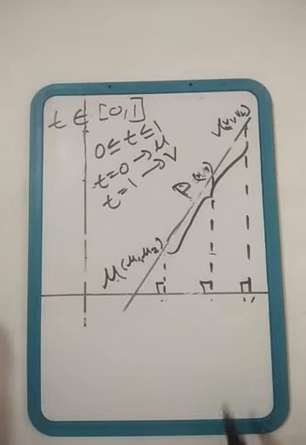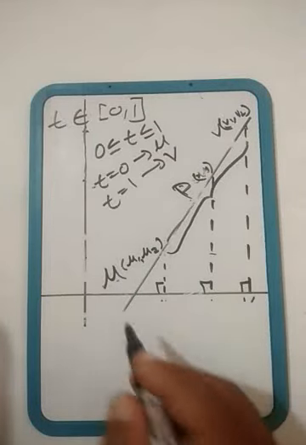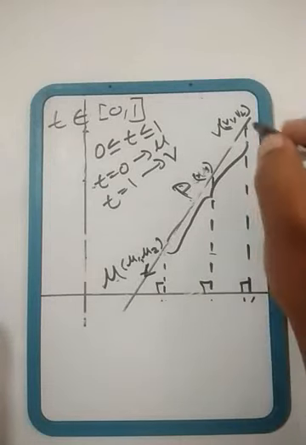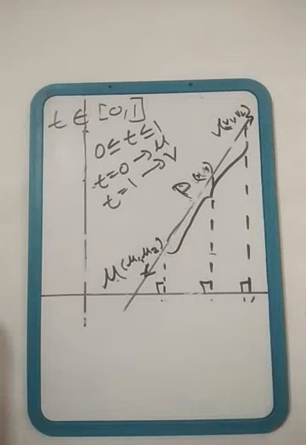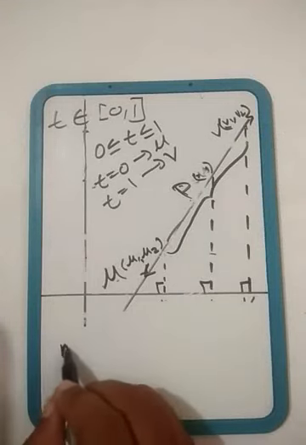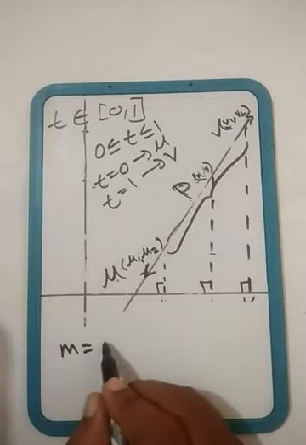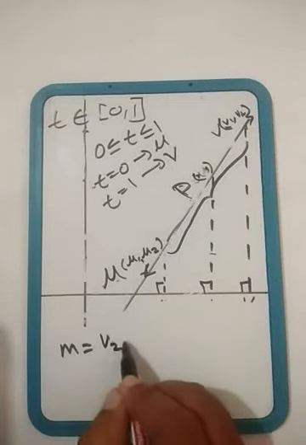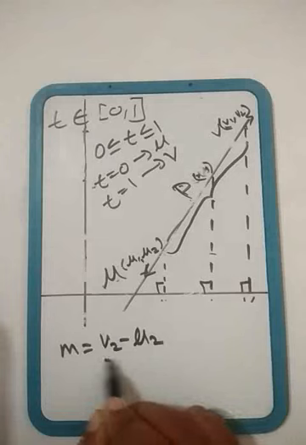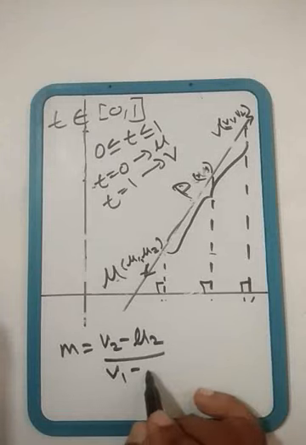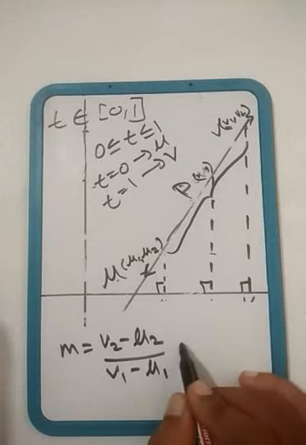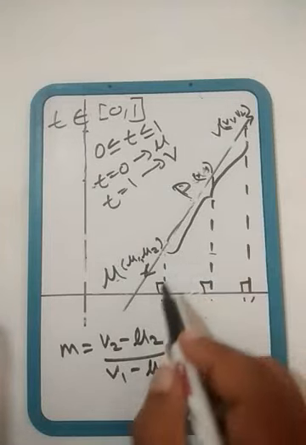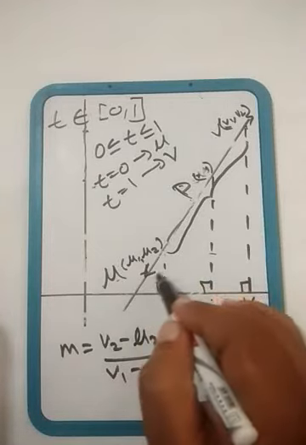So what's the slope of this line? The slope of this line, when we look at it in this direction, is extending infinite on both sides. M is the difference in y coordinates, which is this minus this, v2 minus u2 upon v1 minus u1, and that is the same thing, considering this triangle.